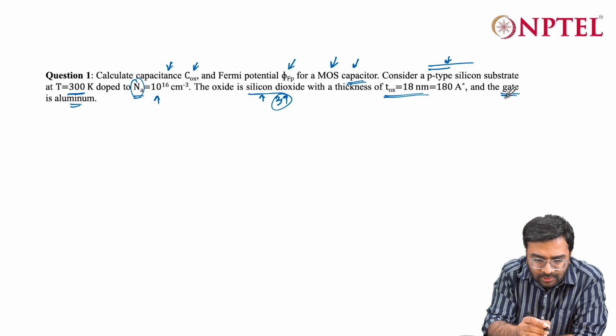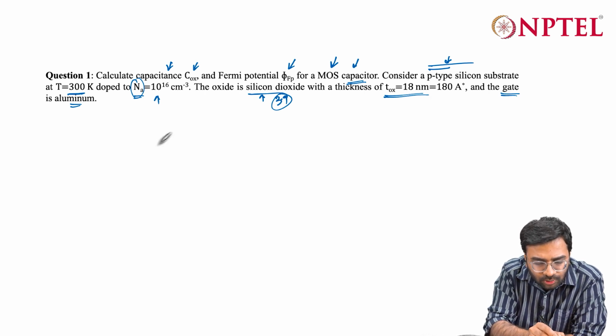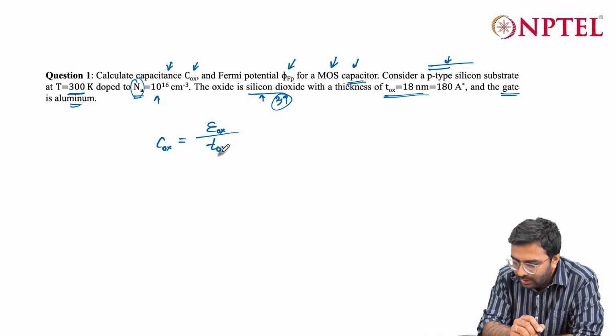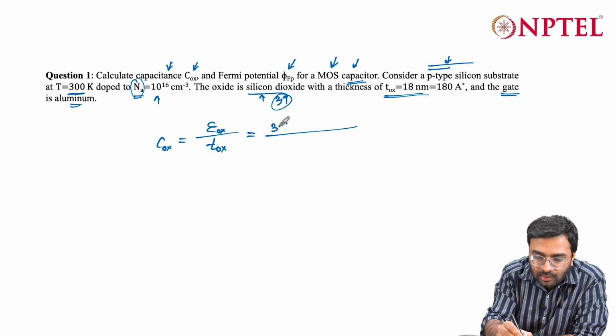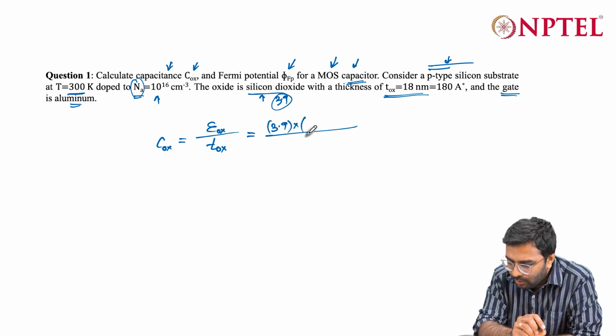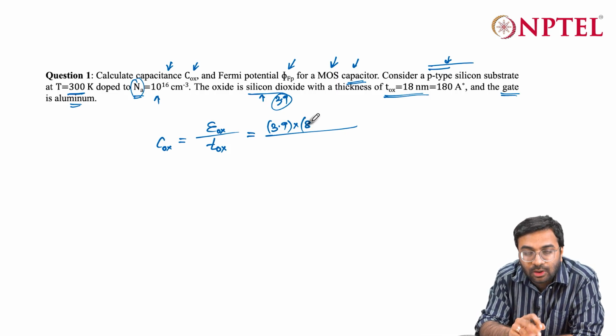Now, as far as the question is concerned, it is not very complex because we already know the equation of Cox, which is epsilon ox by T ox, that we already have seen. Now, the value of epsilon ox is 3.9 into the value of epsilon 0. So, epsilon ox means epsilon r into epsilon 0.